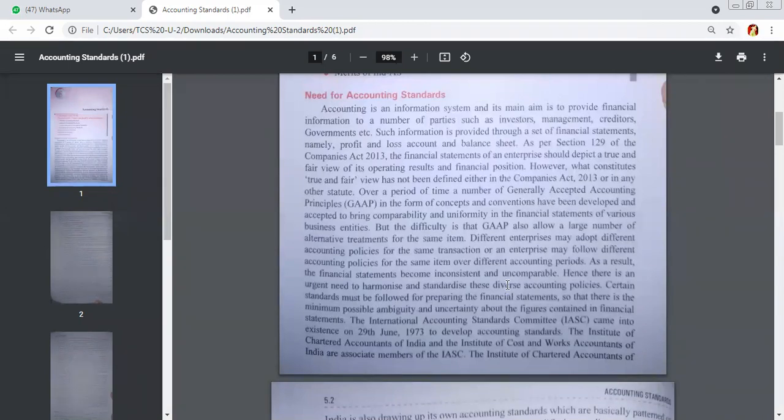Hence, there is an urgent need to harmonize and standardize these diverse accounting policies. So in order to harmonize and standardize these policies, standards must be prepared and followed for the preparation of financial statements so that there is minimum possible ambiguity and uncertainty about the figures contained in the financial statements.